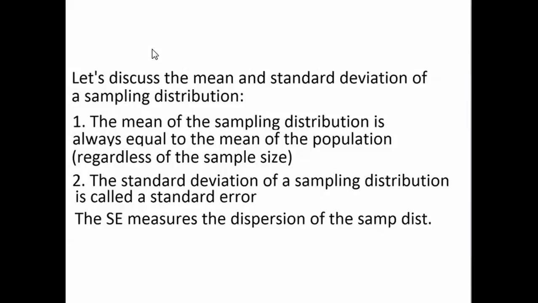And if you're using a larger sample size, the standard error will be smaller because the possible samples will be more accurate. Their sample means will be closer to the population mean. So when you use a larger sample size, the standard error goes down, and that's a good thing because it means that the possible samples that you're drawing from have more accurate sample means.